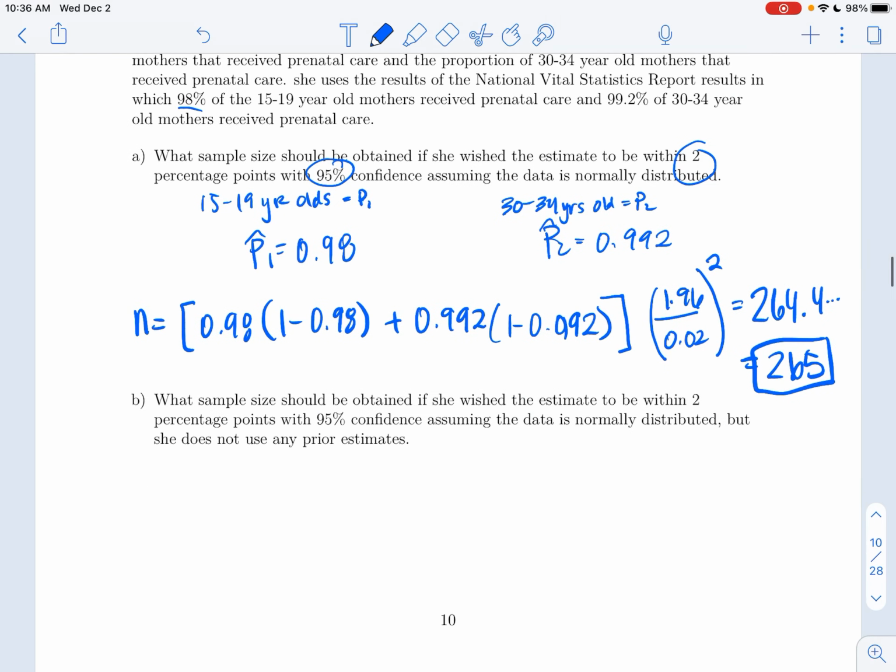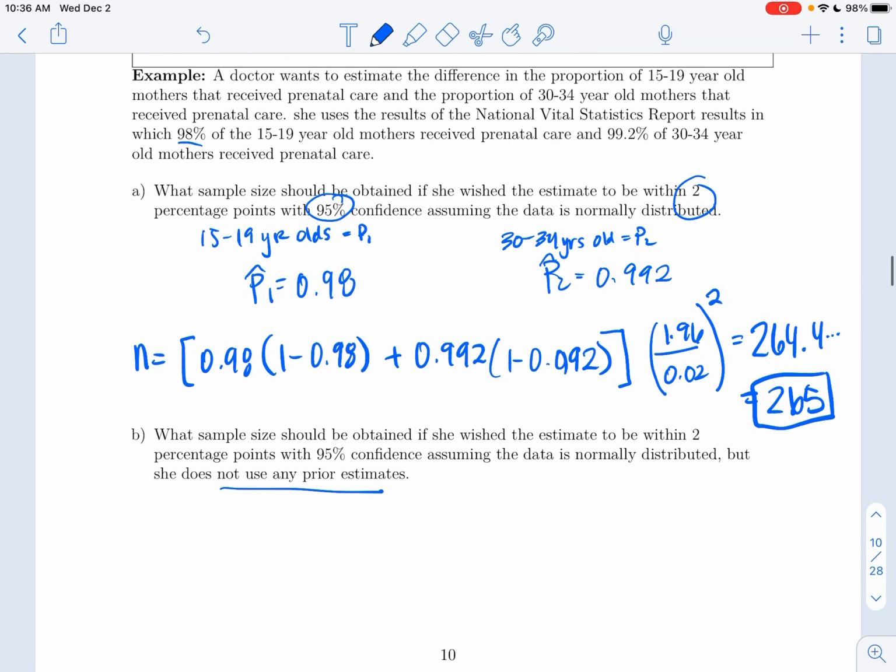Okay, what sample size should be obtained if she wishes to estimate to be within 2% points with 95% confidence, assuming the data is normally distributed, but she does not use any of the prior estimates? So basically, we don't know p hat.